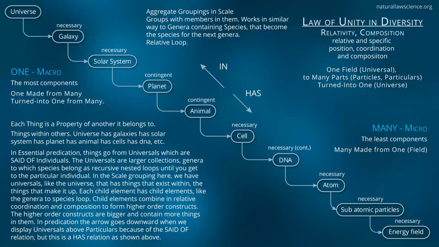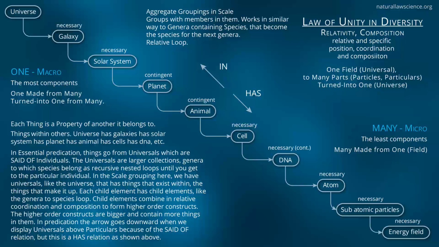We're not talking about families here, we're talking about conceptual terms. And if you're a programmer, you'll already understand this, and if you don't, well, go look into the parent-child relationship and what it means. You'll understand more. So the higher order constructs are bigger and contain more things in them because they're built from the smaller things.